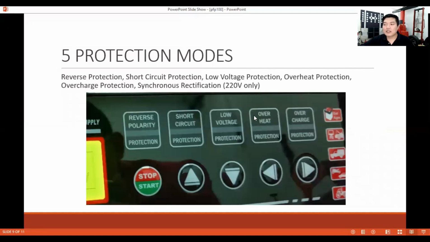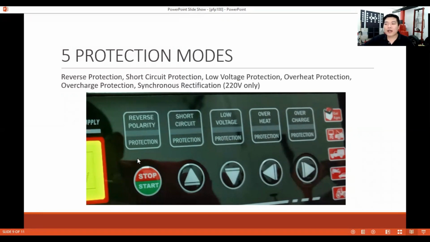Once is overheat. It will protect against overheat because there is a fan inside. Then overcharge: it will stop when your battery is full. Then low voltage: if you don't plug in anything, it will protect by low voltage. Then short circuit: if you have a short circuit, like plus and minus touching together, it protects against this.